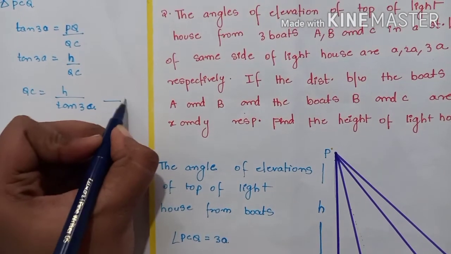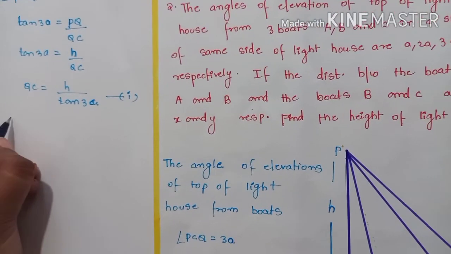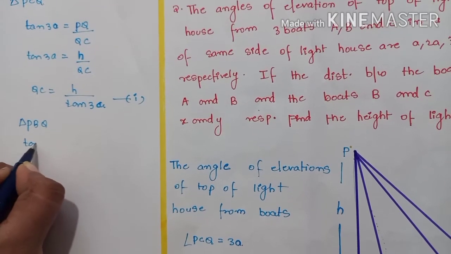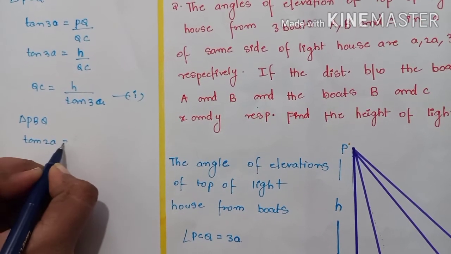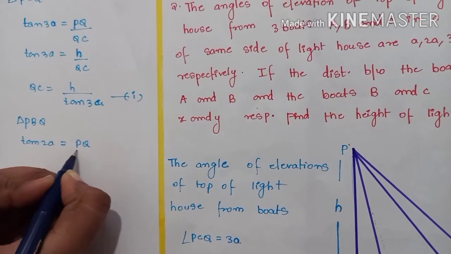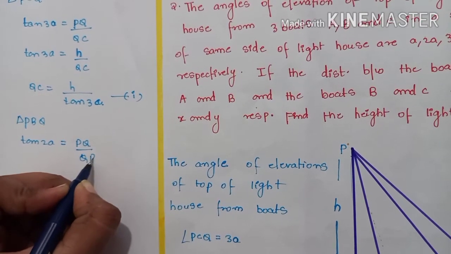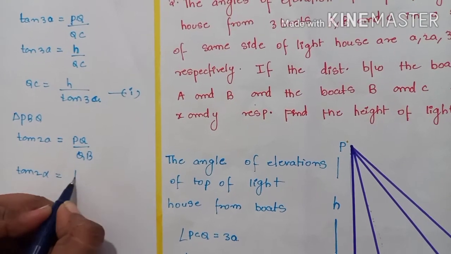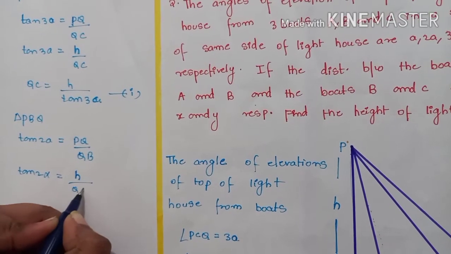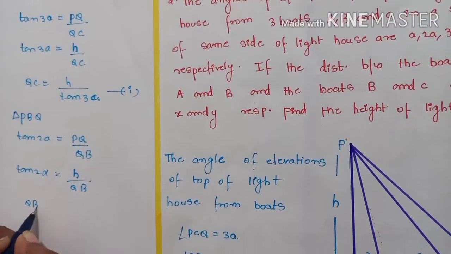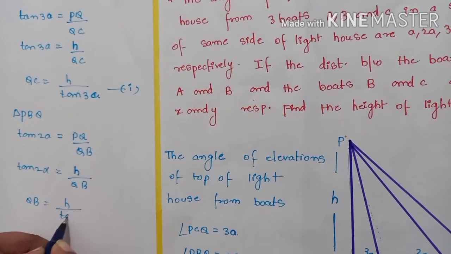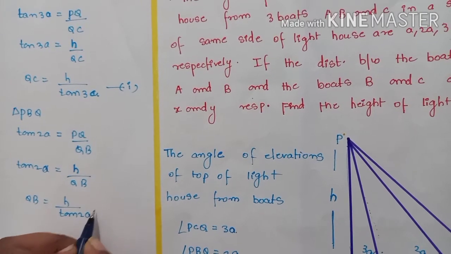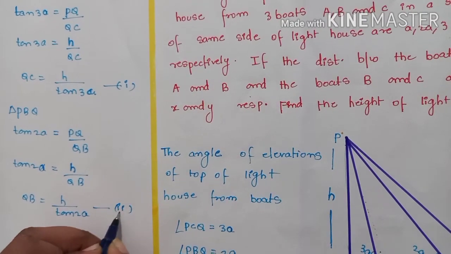This is the first equation. And the next triangle is triangle PBQ. Now here the angle is 2A. Tan 2A is PQ by QB. Tan 2A is equal to PQ as it is, which is h by QB. So QB is h by tan 2A. And this is equation number 2.